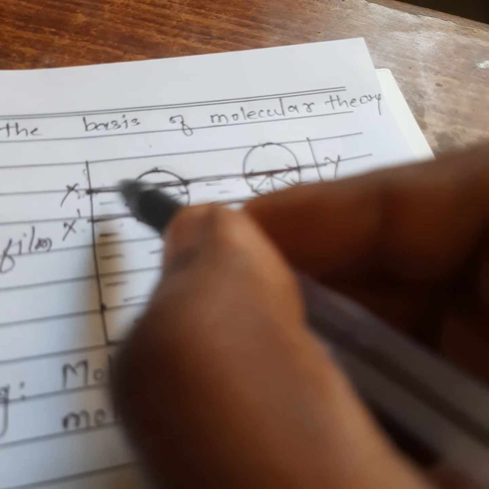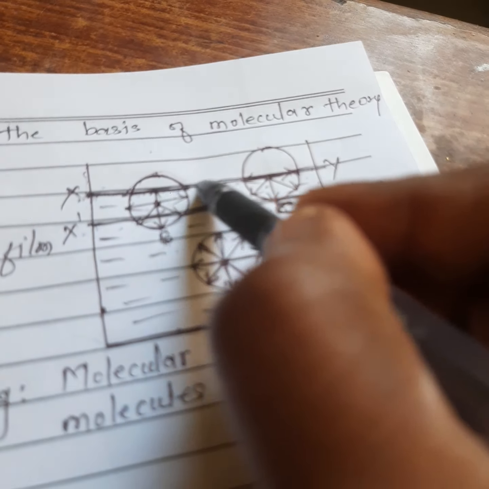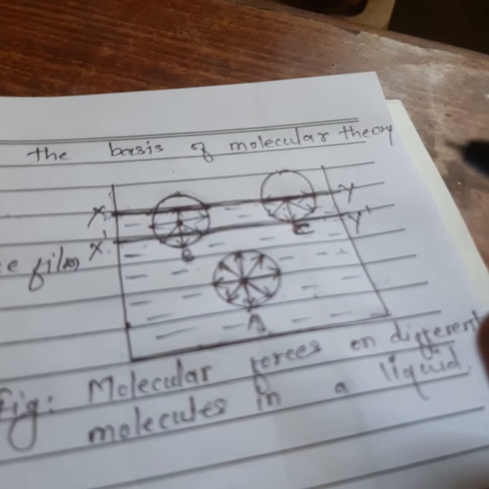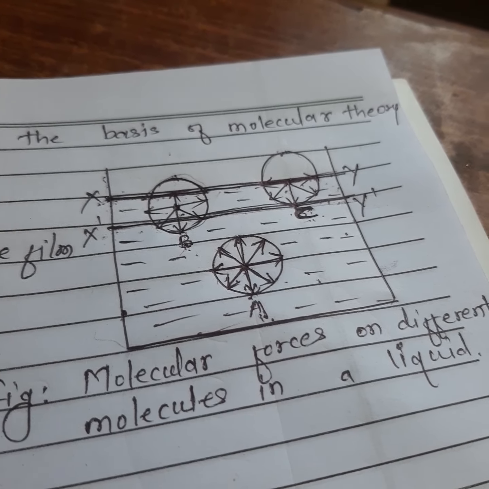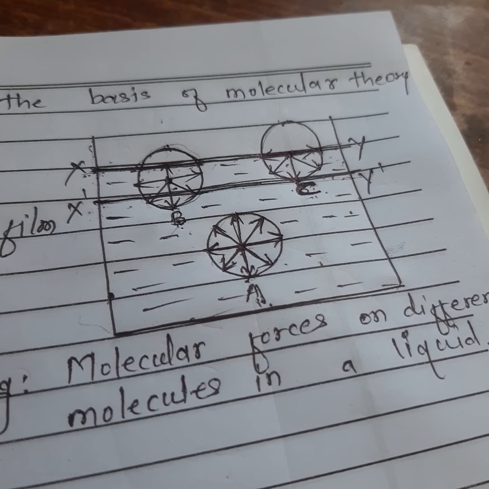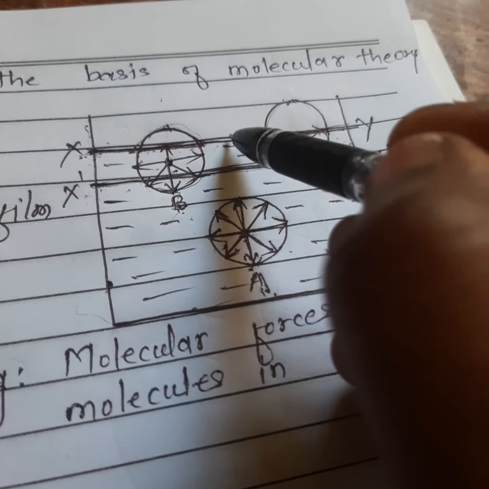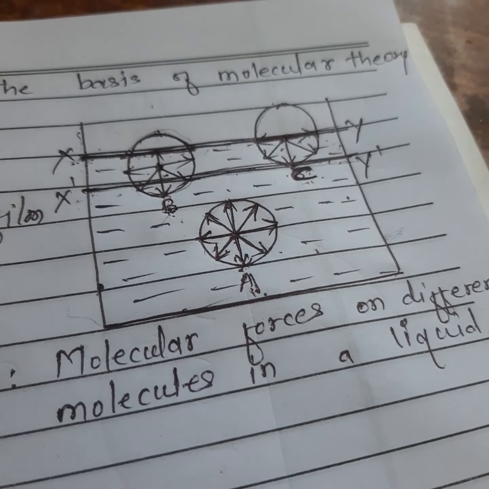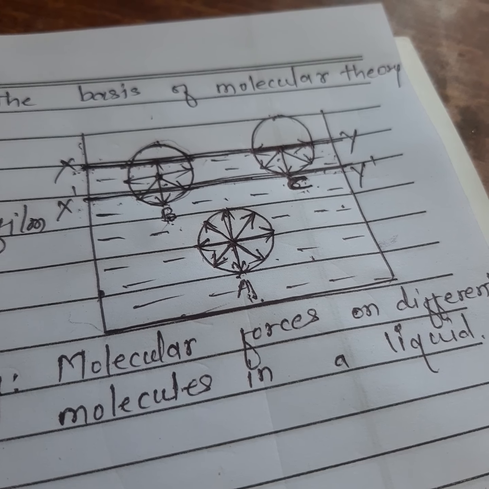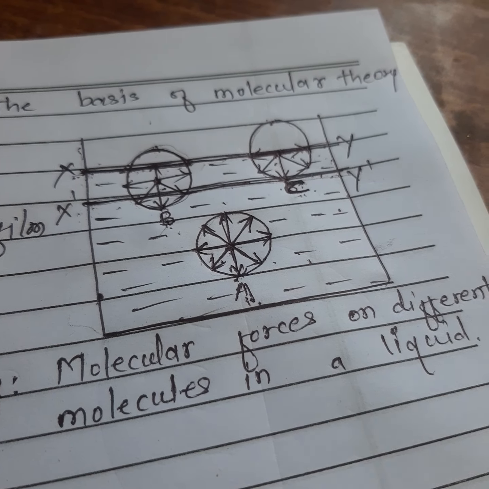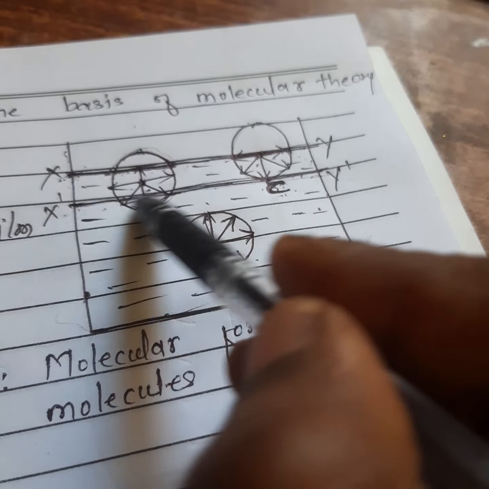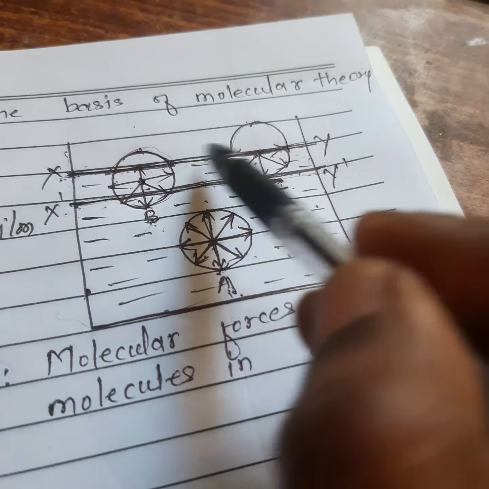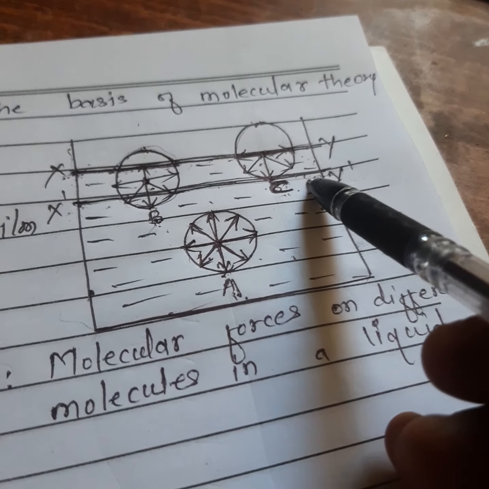And this tension per unit length of imaginary line drawn on this surface film is nothing but surface tension. And the surface film acts as a stretched elastic membrane.